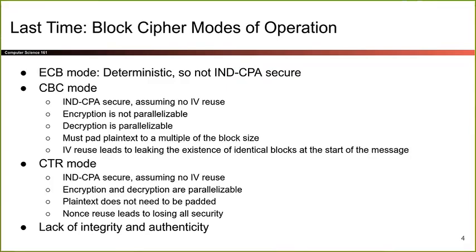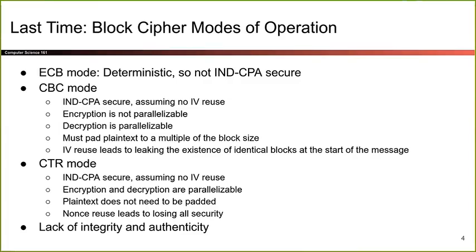Then we talked about CTR mode, which is our second one. This one basically said, let's use the block ciphers to create the key to a one-time pad. So I take a random nonce, I feed it through the block cipher repeatedly with different counters. So I get lots of just random looking output, and I use that as the key to a one-time pad.